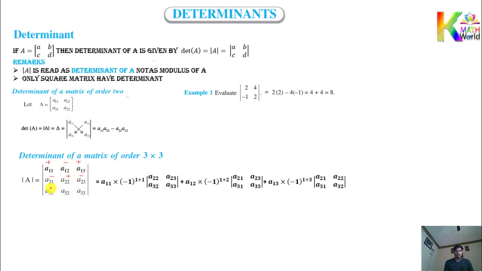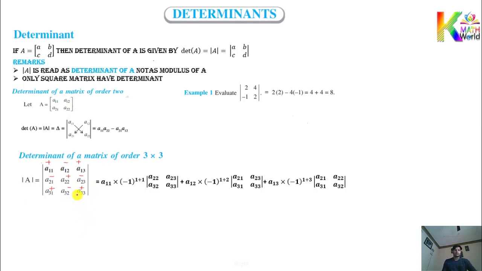The same way for the third row, you get plus, minus, plus. So if you expand with respect to the first row, keep this element in mind and keep this sign also. Suppose you want to expand using the first column, then the same signs, but in that case the elements change. So A11, A21, then A31. So elements also change when you consider a column.